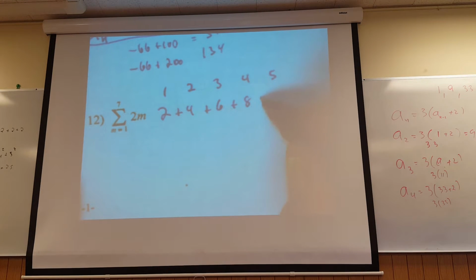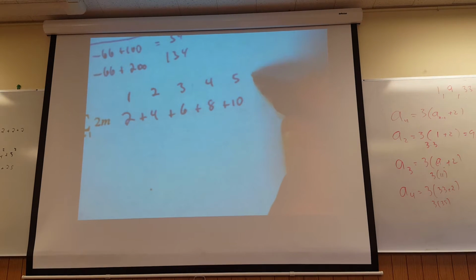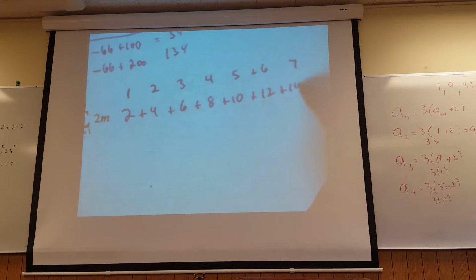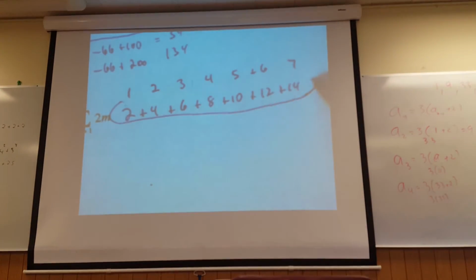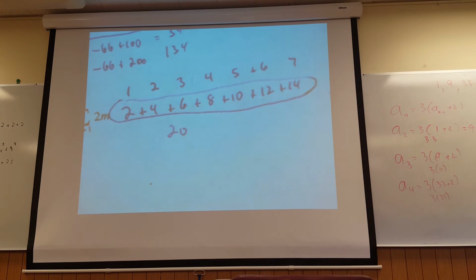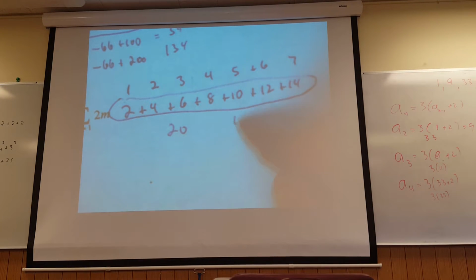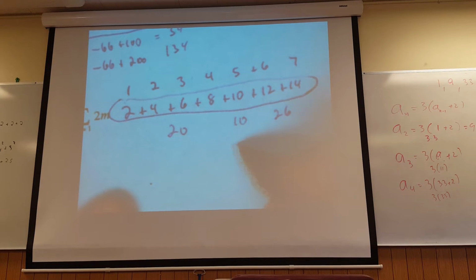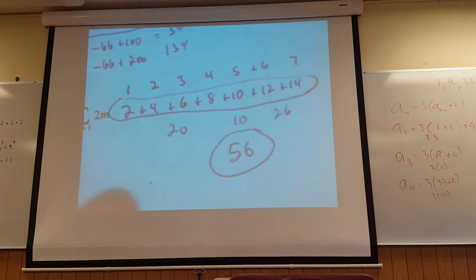When it's 5, it's going to be 10. When it's 6, it's going to be 12. And when it's 7, it's going to be 14. I might get 56 for that.